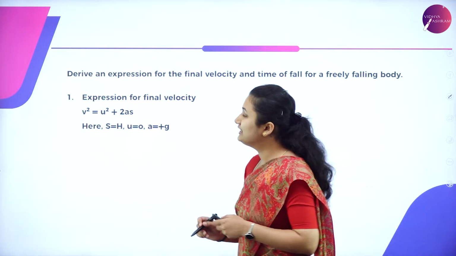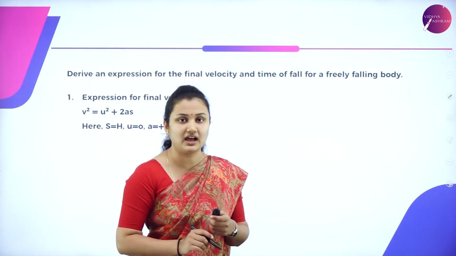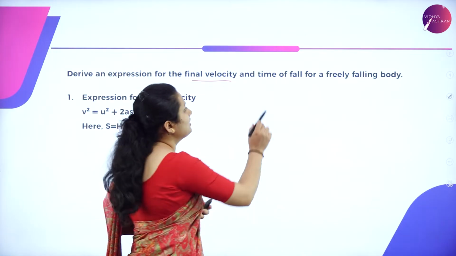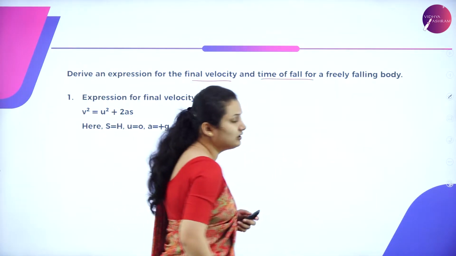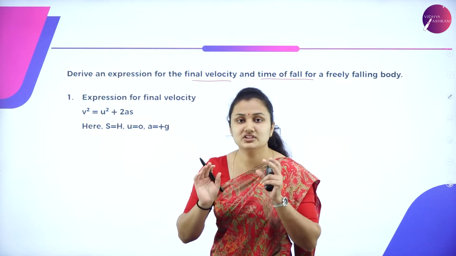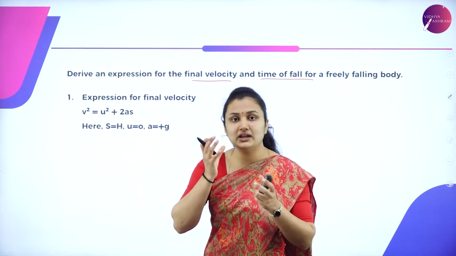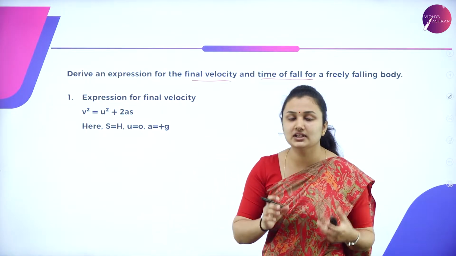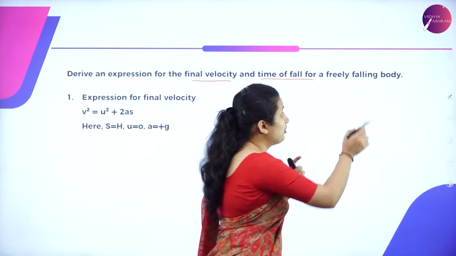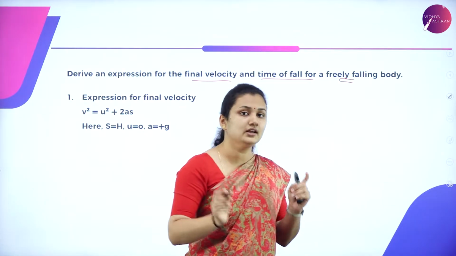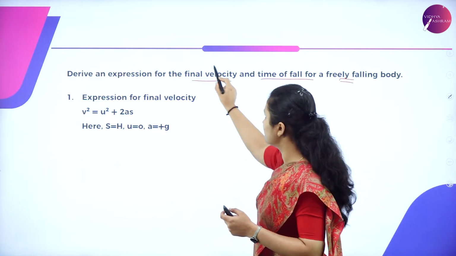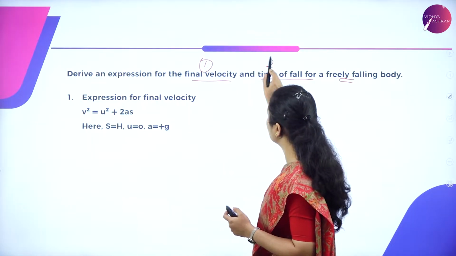So next you have to derive an expression for final velocity and time of fall for a freely falling body. What is your work here? You should derive the expression for velocity and time for a freely falling body. It is a very important term, freely falling body. So, the expression for final velocity: let us first calculate this and then come towards time.